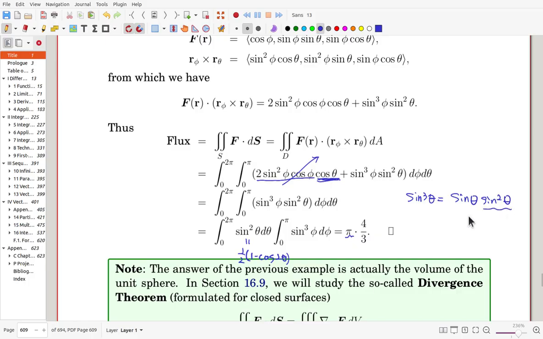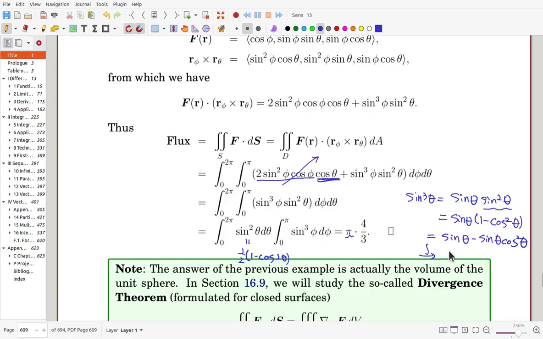By using the well-known formula, we change this to 1 minus cosine squared theta. Then that is the same as sine theta minus sine theta cosine squared theta. What is this antiderivative?